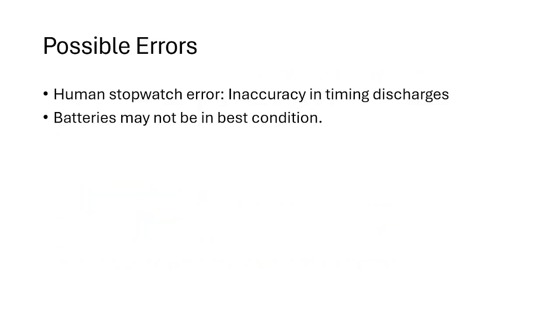Some possible sources of error: human stopwatch error, so there might have been some inaccuracy in timing the discharges of the different ohm batteries. And the batteries may not have been in the best condition as they were used before us.